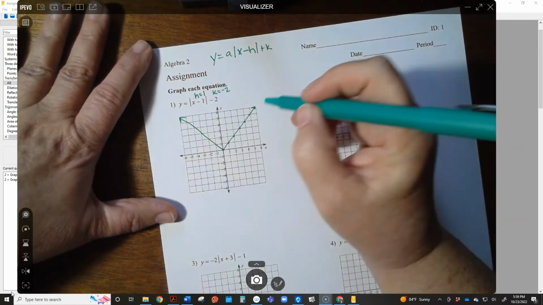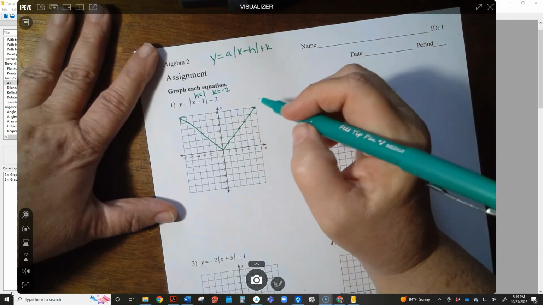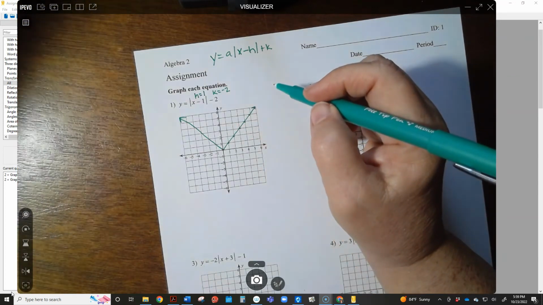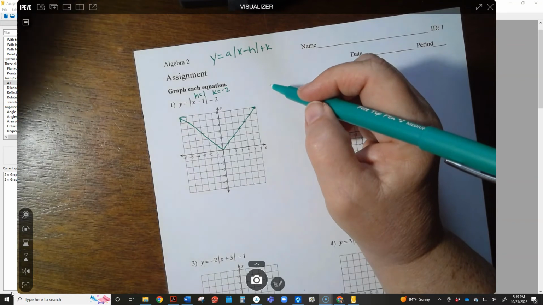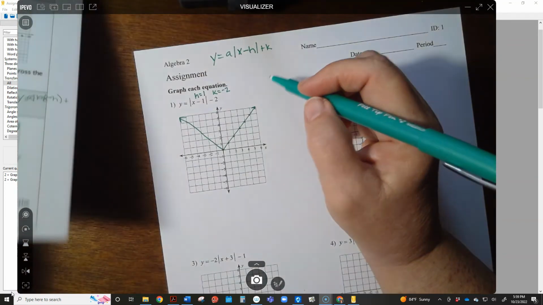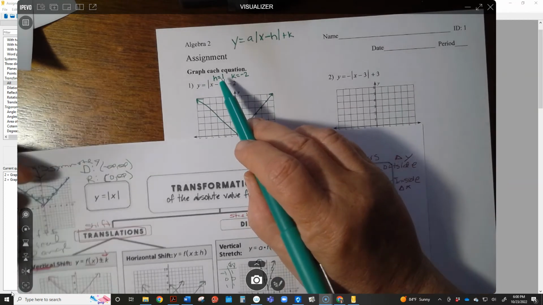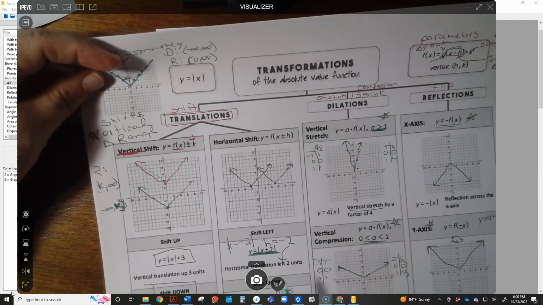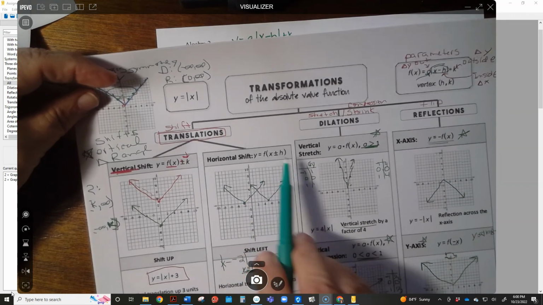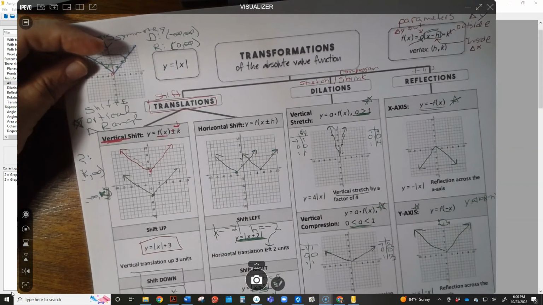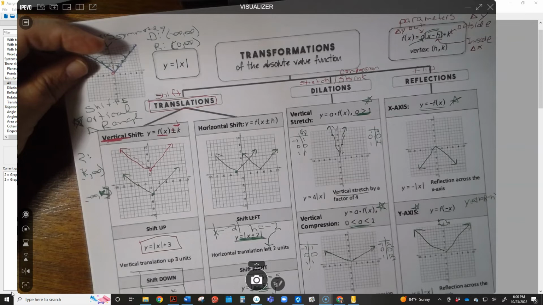Then it makes it a lot easier to describe the transformations. Of course, you can always go back to your note page right here, and we see that we have a positive h. Since we have a positive h, we're going to go right 5.